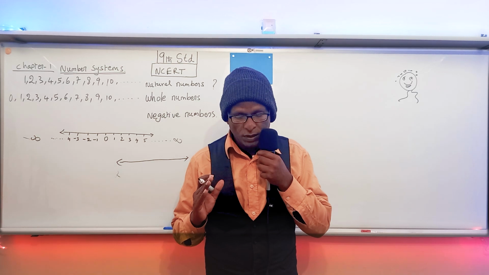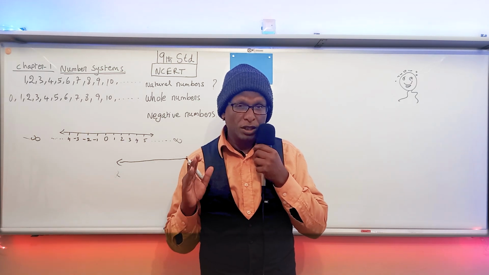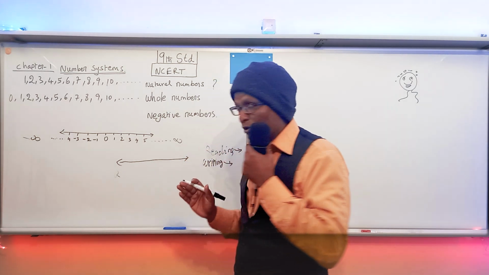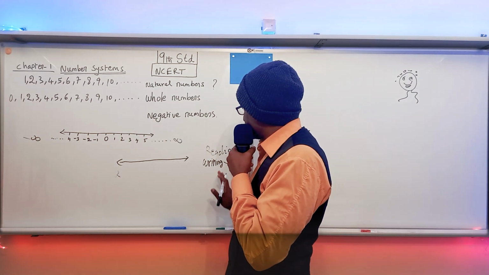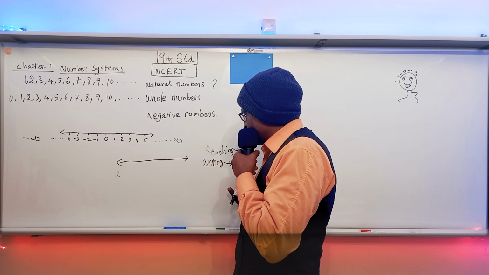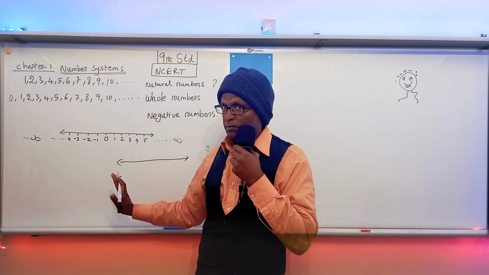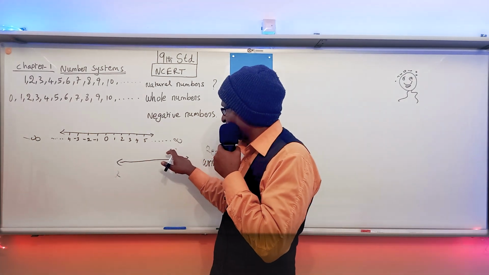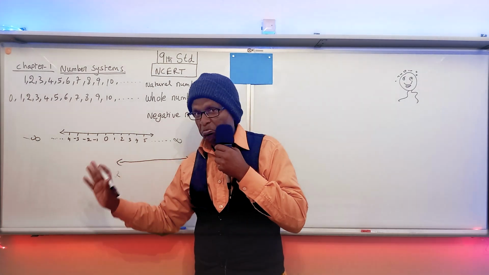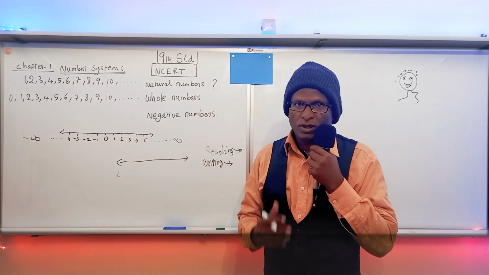But I think Jewish language, Hebrew, and Arabic, Middle East, they started to read on the right side to the left. So imagine their surprise when we say this is a positive side, it's a negative side. But that's a convention, that's what it means.